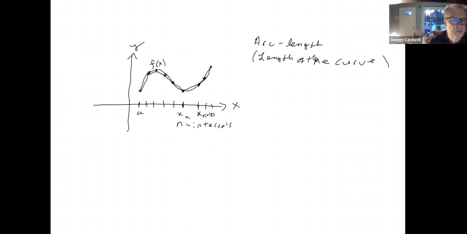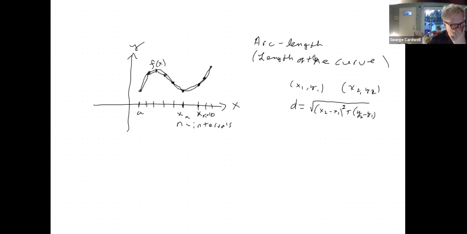You might recall the distance formula from earlier classes. If you're given a point x1, y1, and a point x2, y2, and you want to compute the distance between the 2 points, the distance is the square root of the change in x, x2 minus x1, squared, plus the change in y, y2 minus y1, squared.